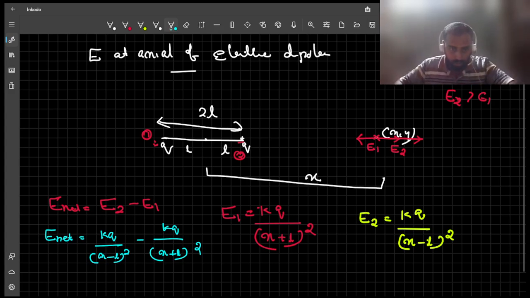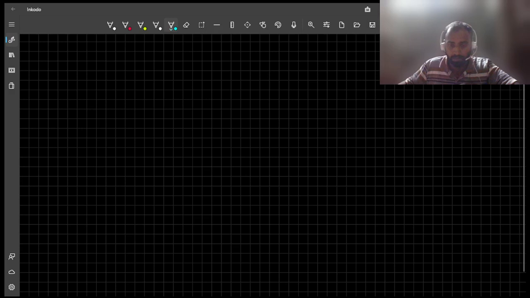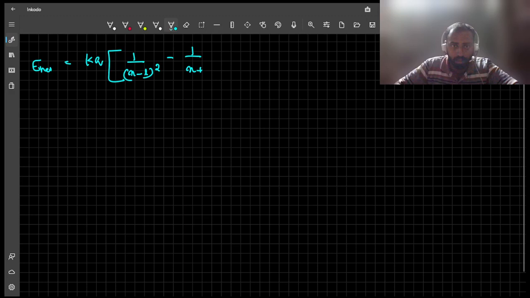When I take common kq, it will be kq into 1 by x minus L the whole square minus 1 by x plus L the whole square.